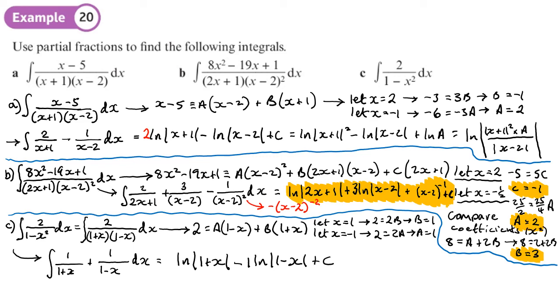Now we can put that together, and I will do that because I've got a bit of space, so that we can write that as the log of, because it's subtract, we think of it as a division, so we've got modulus of 1 plus x divided by, I hope these modulus signs don't look like ones, 1 minus x, plus c.